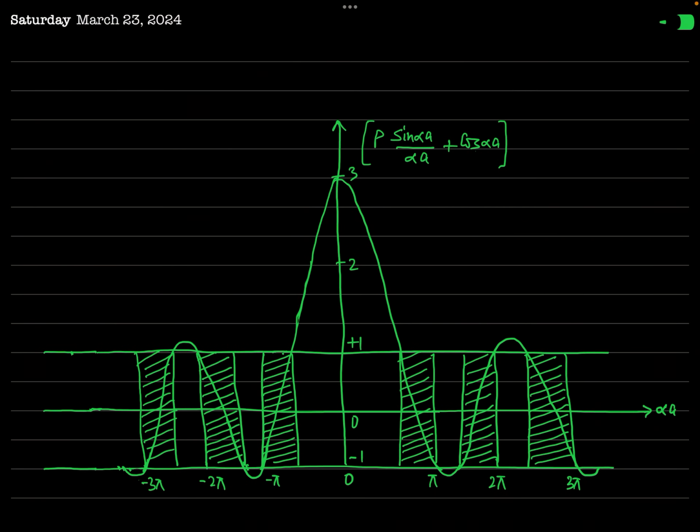Now, what conclusion, what result do we actually obtain from this result? You can see this figure.